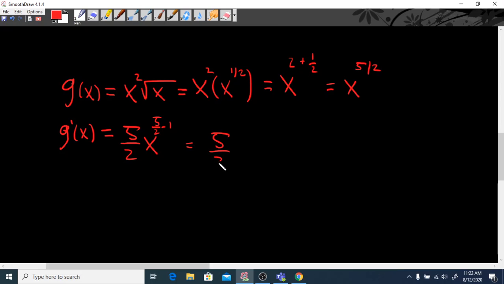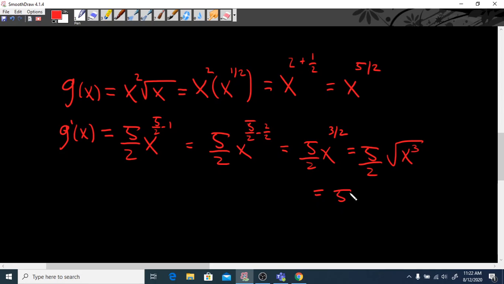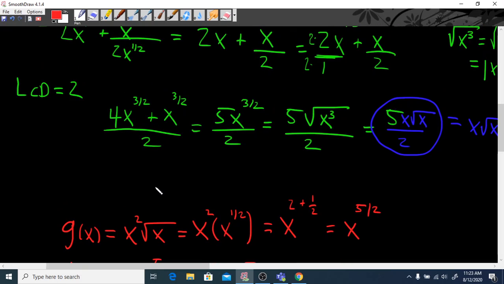So we get 5 over 2, x to the, and then 5/2 minus 1, that's 5/2 minus 2/2. Which is 5 over 2, x to the power 5 minus 2 is 3 over 2. And once again, we can play this game, and just like before, we can write 5/2 x square root x.